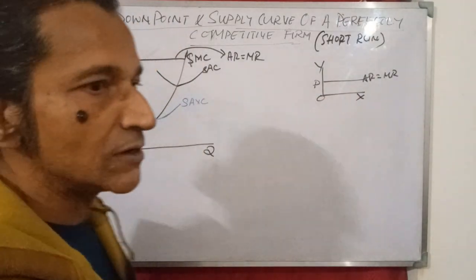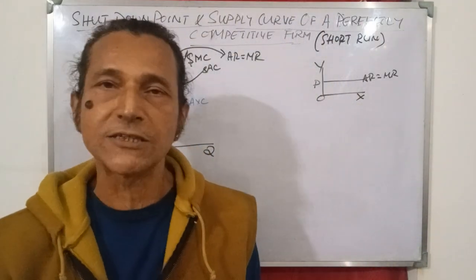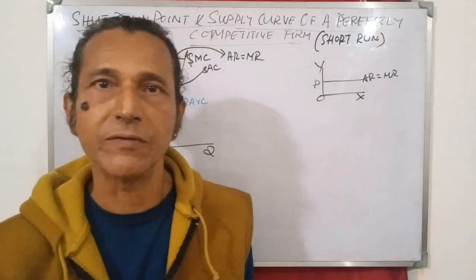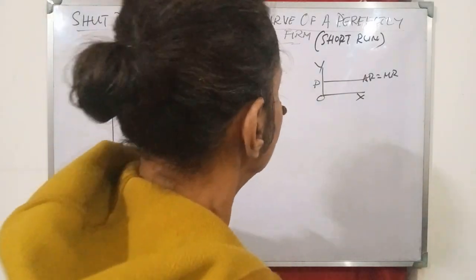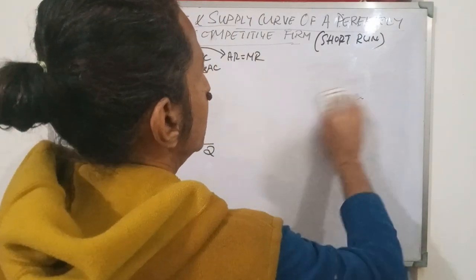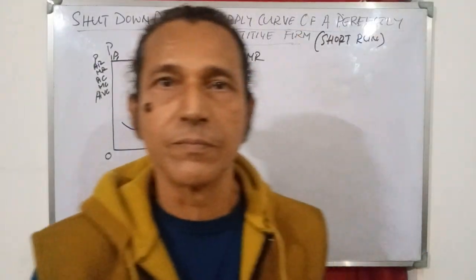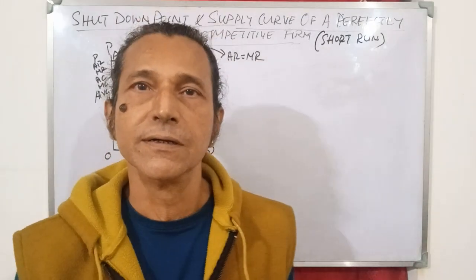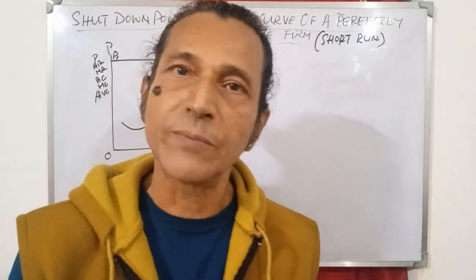So price is equal to AR, which is equal to MR in case of a perfectly competitive firm, not in case of monopoly or monopolistic competitive firm. In case of a perfectly competitive firm, the demand curve is the average revenue curve, which is the marginal revenue curve, and which is the price.